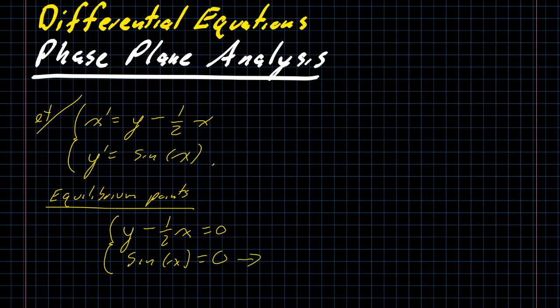If sine of x is equal to 0, then that means that x itself is going to be 0, or pi, or negative pi, 2 pi, negative 2 pi, etc. And the y values can all be determined from that.